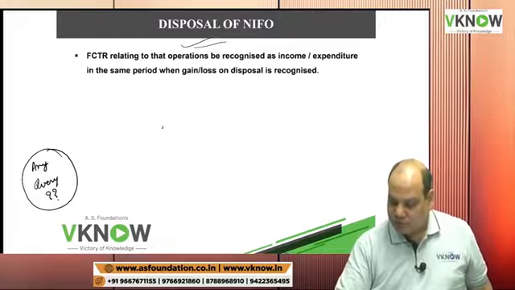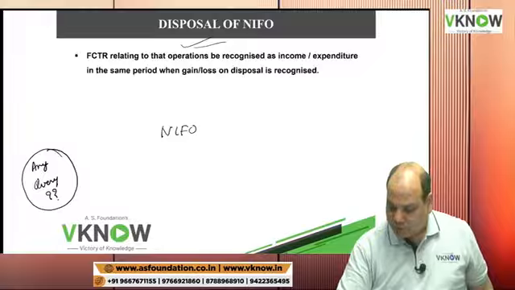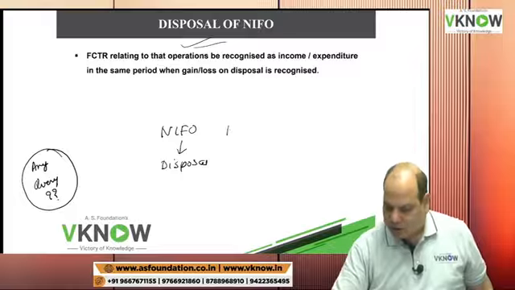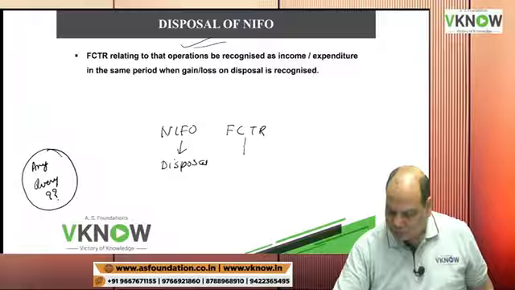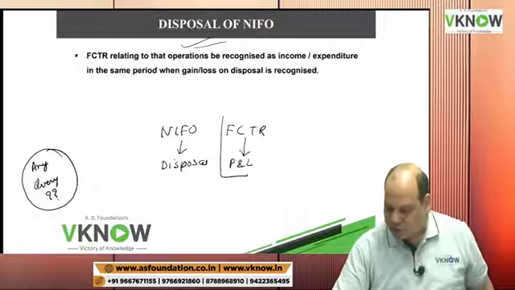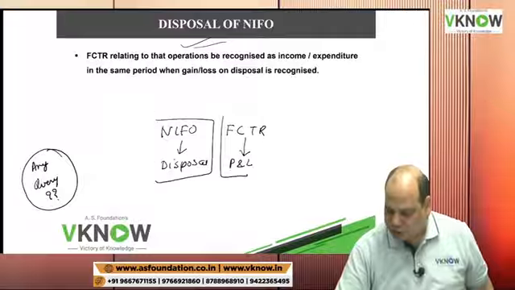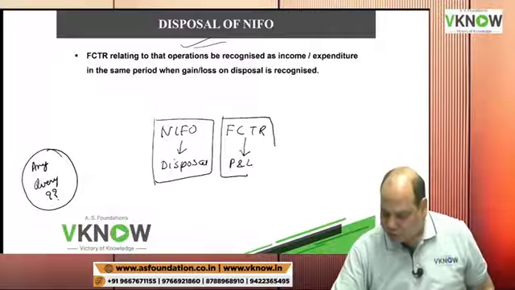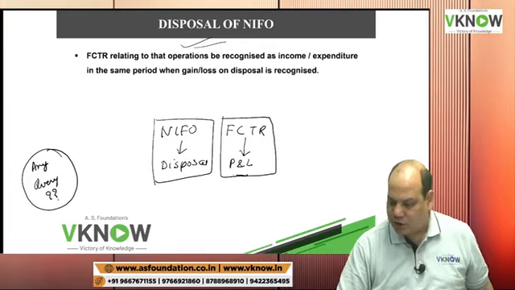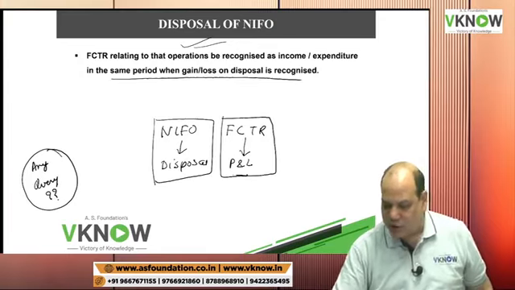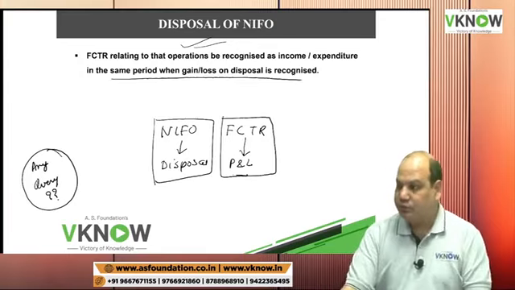So once NIFO is disposed, the balance lying in FCTR will also be transferred to the P&L account, because now that NIFO is not there, so the FCTR balance will also not be there, in the same year in which NIFO is disposed.